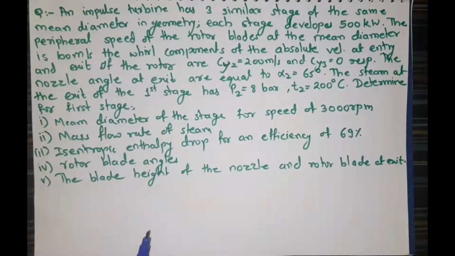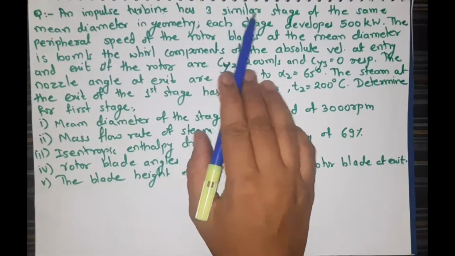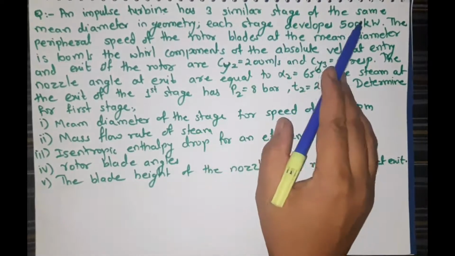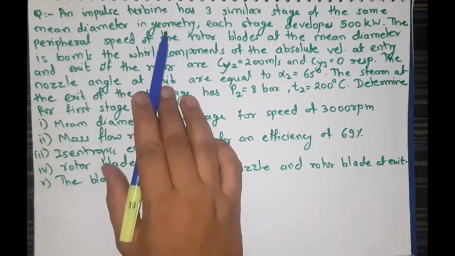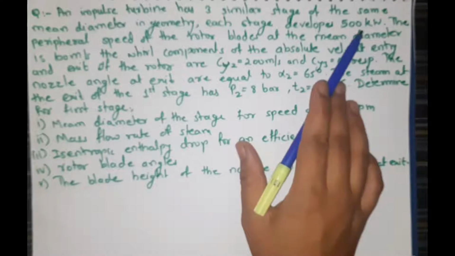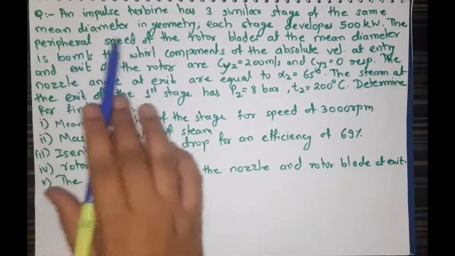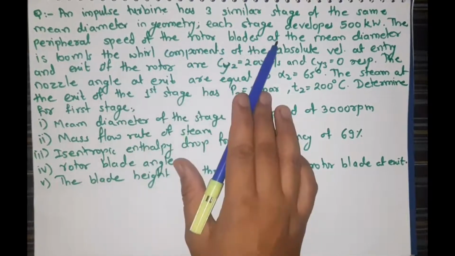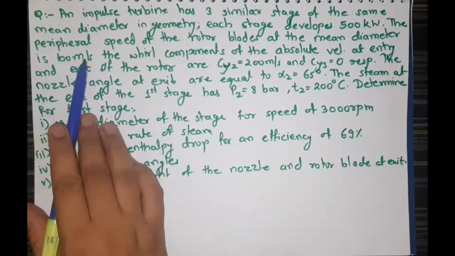Let's take a small numerical based on the theory. An impulse turbine has three similar stages of the same mean diameter and geometry. Each stage develops 500 kilowatt. The peripheral speed of the rotor blade at the mean diameter is 100 meter per second.